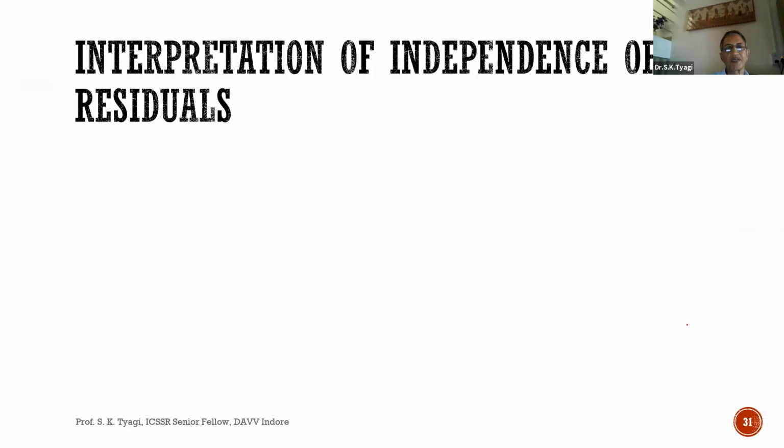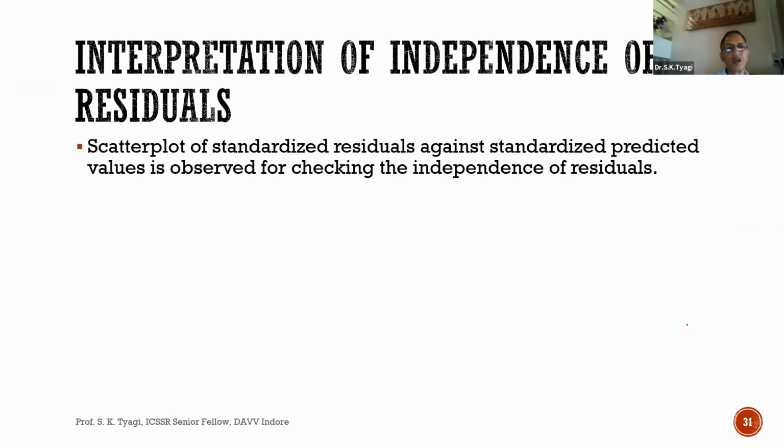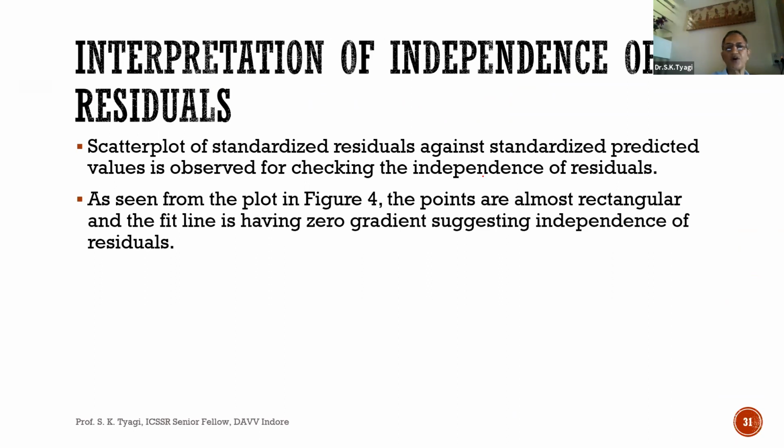So, interpretation of independence of residual: the scatter plot of standardized residual against standardized predicted value is observed for checking the independence of residuals. As seen from the plot, figure 4, points are almost rectangular and the fit line is having zero gradient, zero slope, suggesting that the errors are independent.